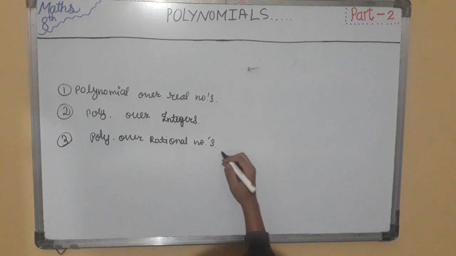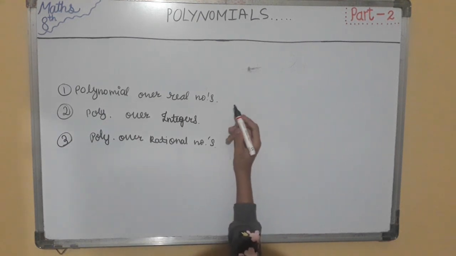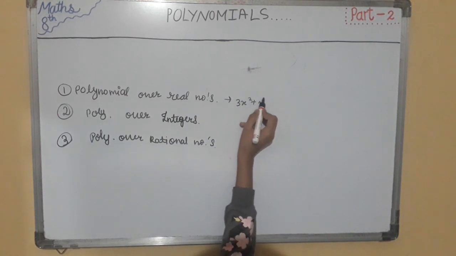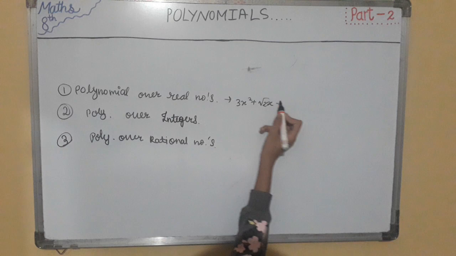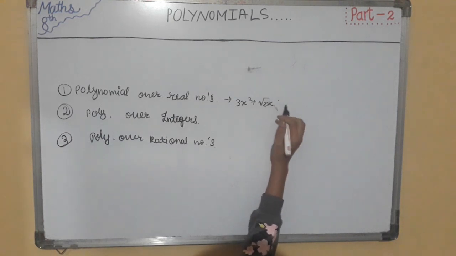Examples: the first example is 3x square plus root 2x minus root 3.